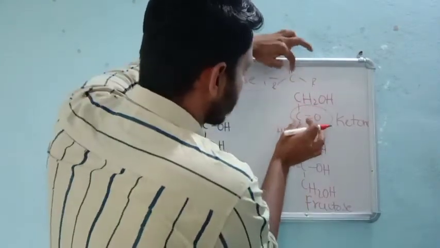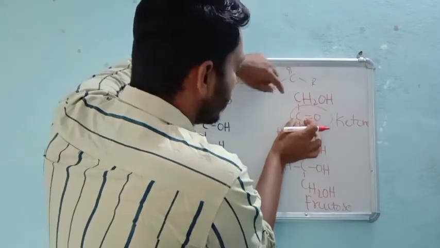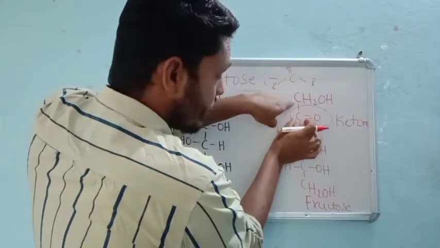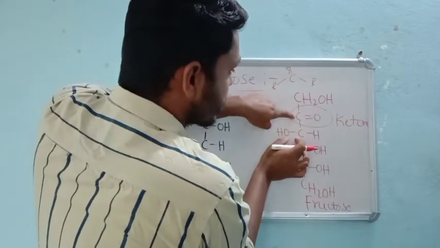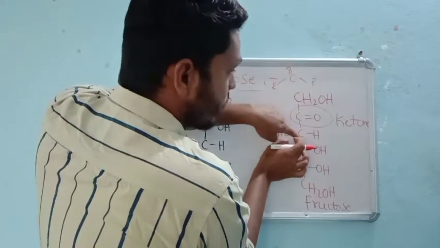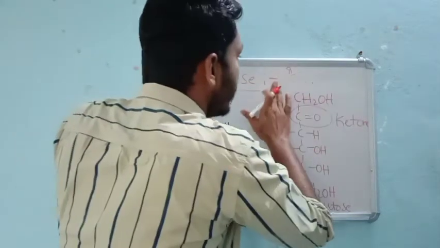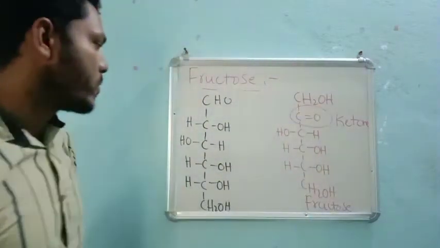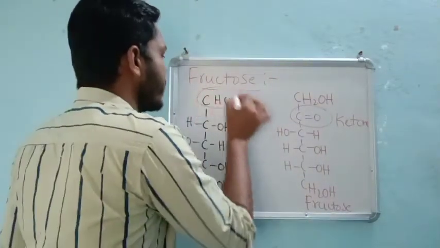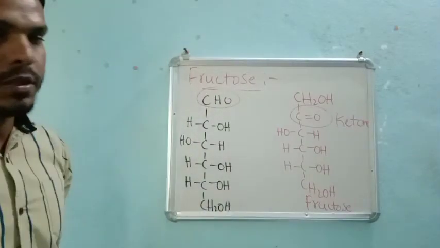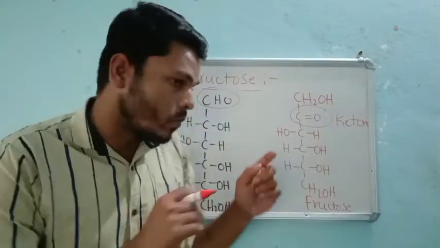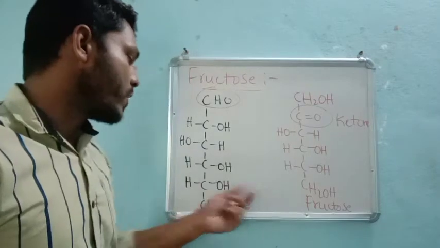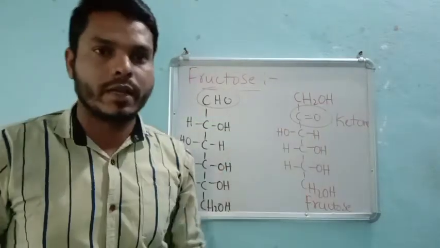Consider this as the middle C, and there is an R, an alkyl group, here, and there is also one more R. That means it is a ketone. And coming to glucose, we can very clearly see there is an aldehyde group. This is the first and foremost difference between an aldehyde and a ketone.